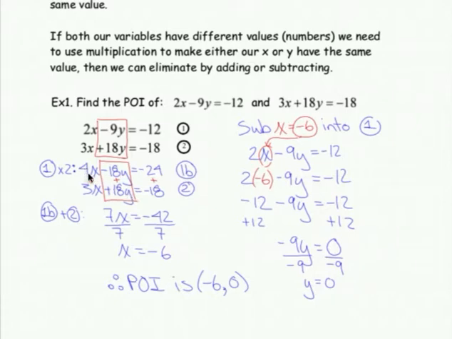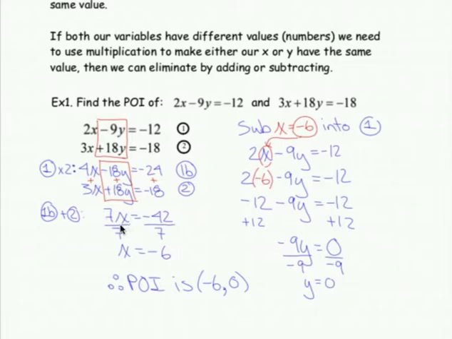So we're going to add 4x plus 3x equals 7x. Negative 18y plus 18y gives us 0. And then negative 24 plus negative 18 gives us negative 42. So now we want to get x alone.